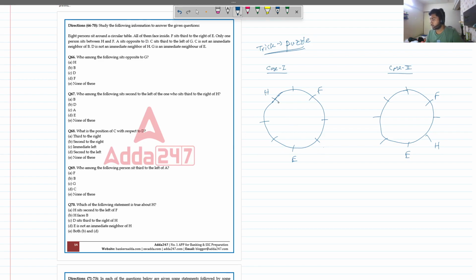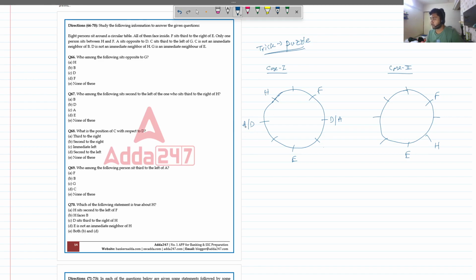So this diameter cannot be, it's occupied by H. This cannot happen, occupied by F. This cannot happen, occupied by E at one end. So only this diameter is remaining. So either A sits over here and D sits over here, or A sits over here and D sits over here.